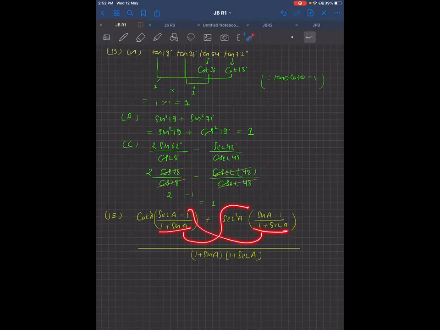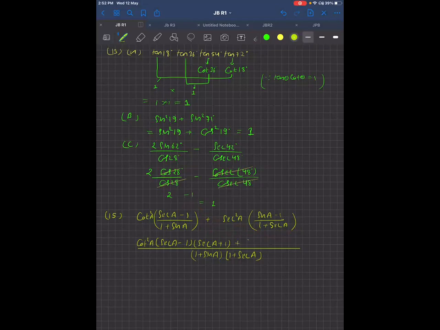Yes, Varun, the answer is 0. So I'm multiplying tan square A, which we already have, by sec A minus 1, and it multiplies with 1 plus sec A. 1 plus sec A or sec A plus 1, both are the same.